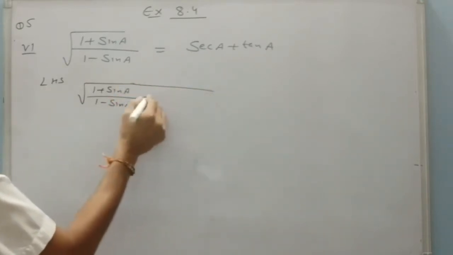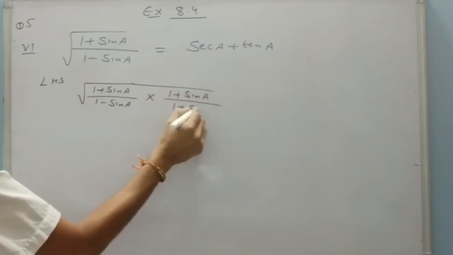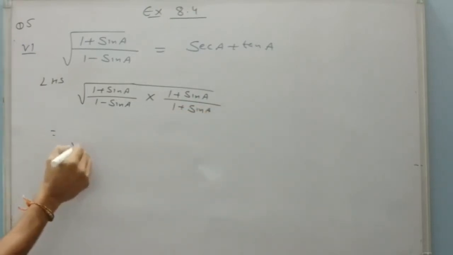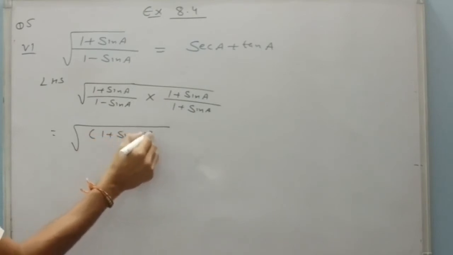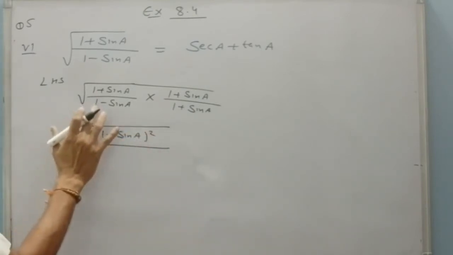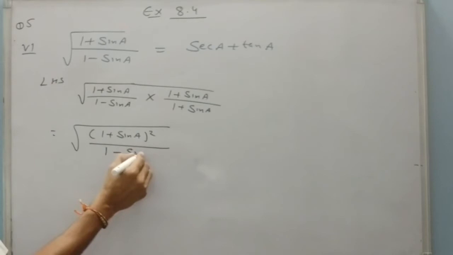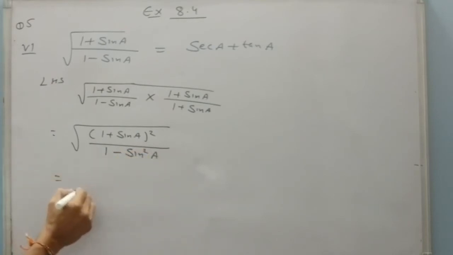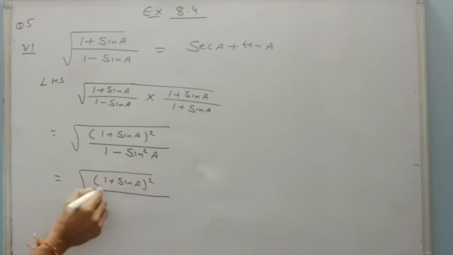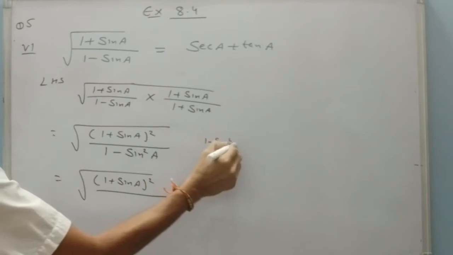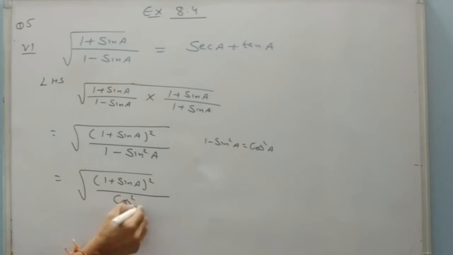So I rationalize the denominator with 1 plus sine A. The numerator becomes 1 plus sine A whole square, and in the denominator there is the formula A minus B times A plus B, which means A square minus B square. So it becomes 1 minus sine square A. You know that 1 minus sine square is cos square. So the denominator will become cos square A.